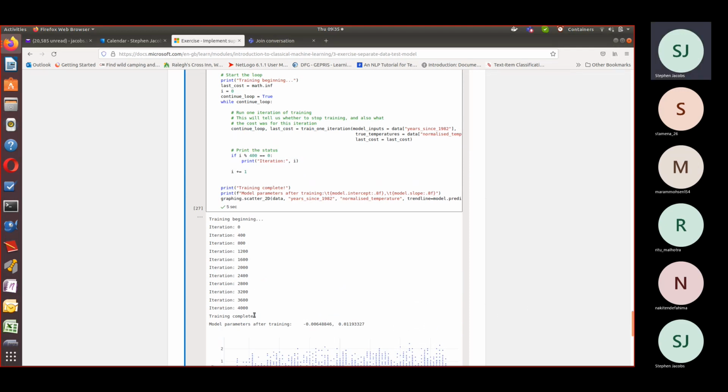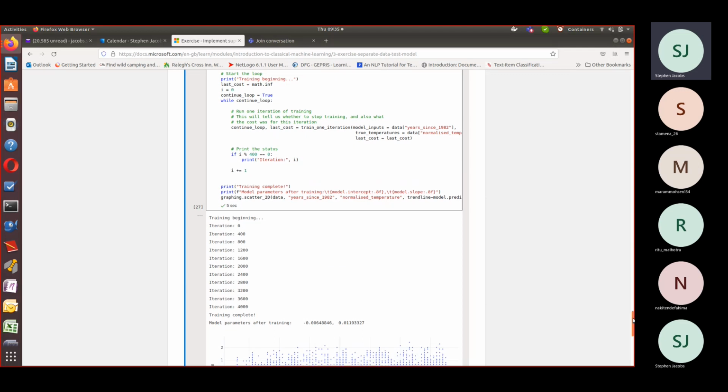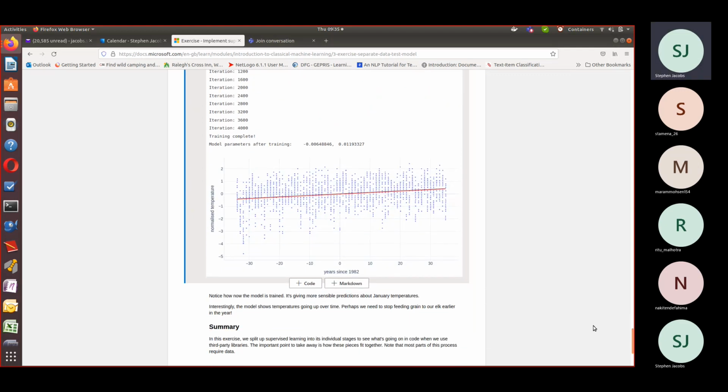it's done lots of iterations, training is complete, and the final values are minus 0.006 and 0.0119. So let's see if that makes sense in terms of our data. There we go, that's our line.